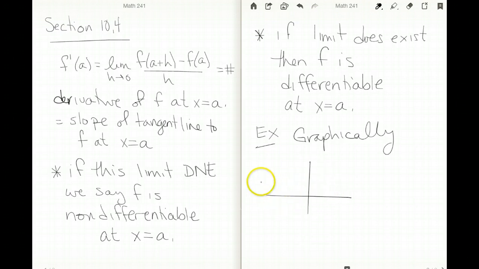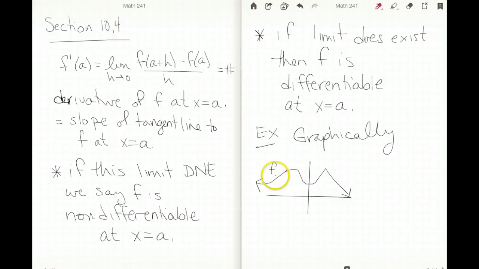If I had something like this, and let's say this is the function f here. Remember that the derivative at a location is the slope of the tangent line. So if we were asking ourselves where we want to look at the slope of a tangent line, we could just pick a spot, maybe right there.